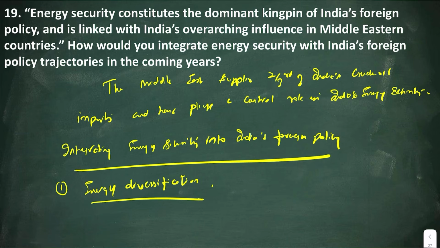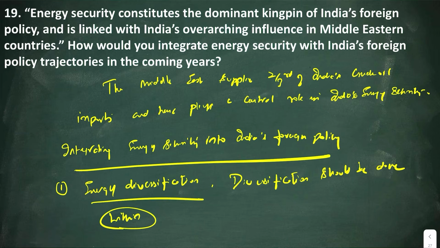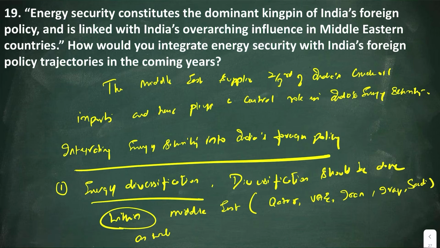Here you can say diversification should be done within Middle East, in the bracket you can say Qatar, UAE, Iran, Iraq, Saudi, as well as outside Middle East, in bracket you can say Russia and Africa.